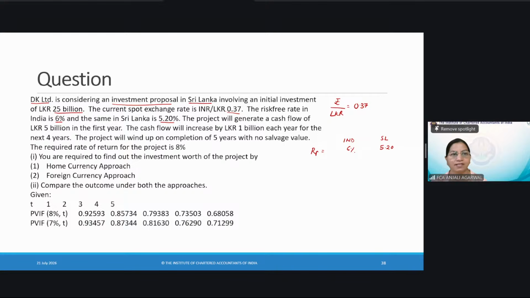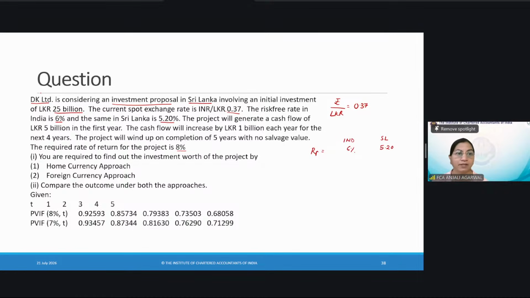So it's 5, 6, 7, 8, 9. The project will wind up on completion of the fifth year with no salvage value. So at the end of 5 years, the project will be complete. Terminally, you won't get anything. The required rate of return for the project is 8%.